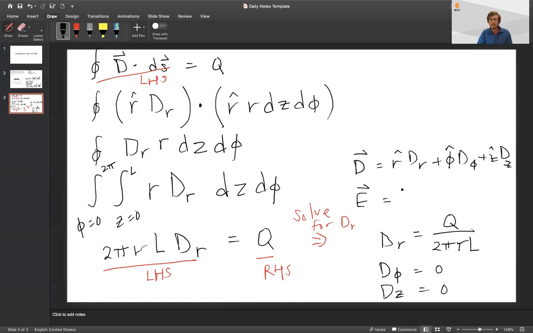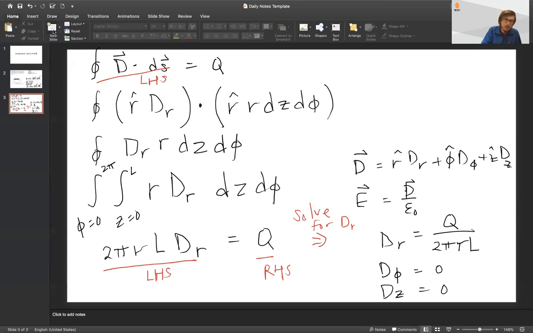So we can see that we are very close to being able to find the electric field, because we now have an expression for the electric flux density and the magnitude of the electric flux density in the direction that we know it's changing.